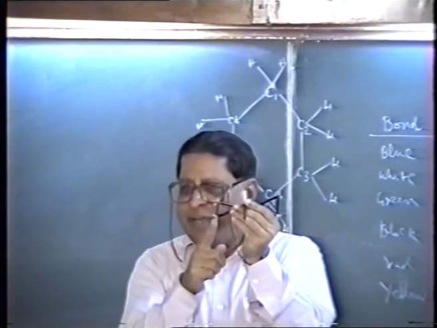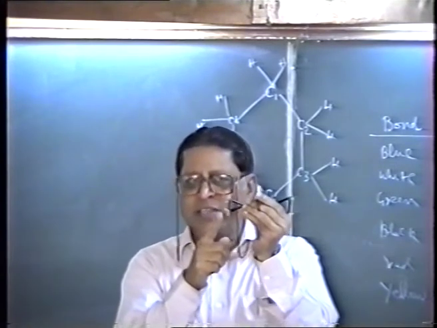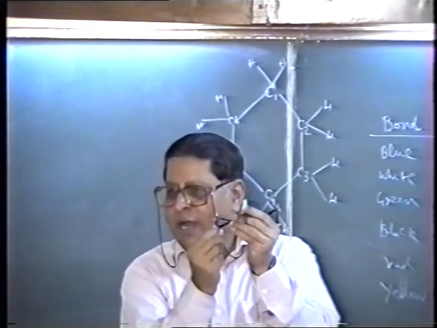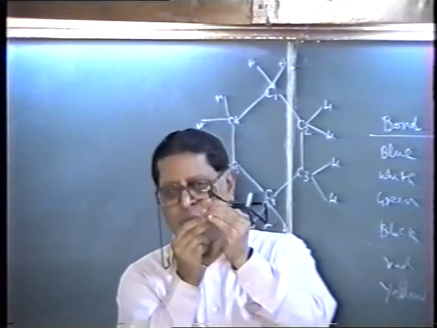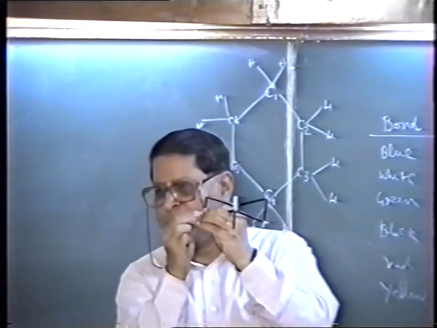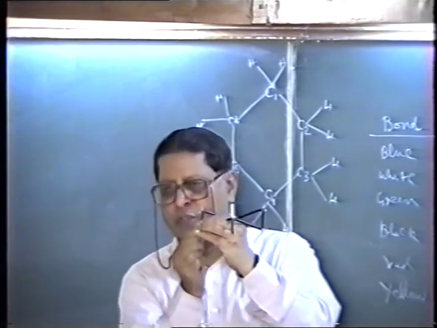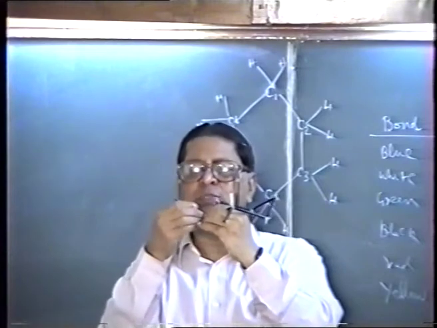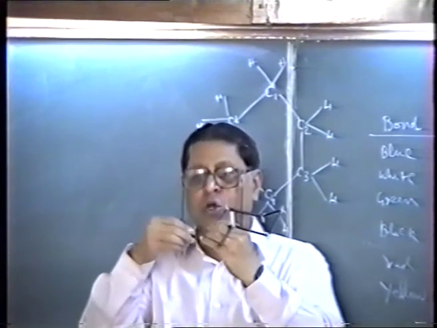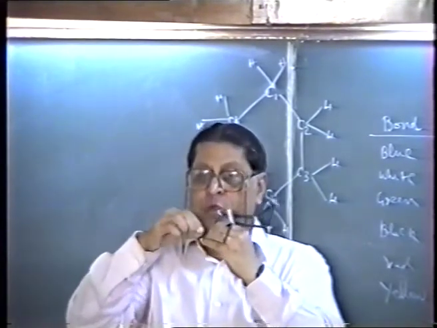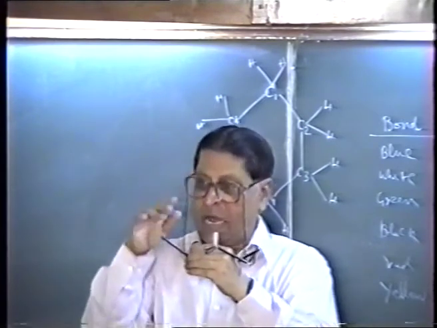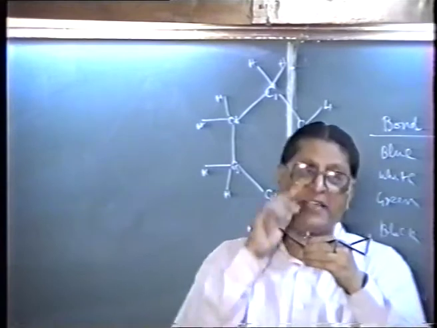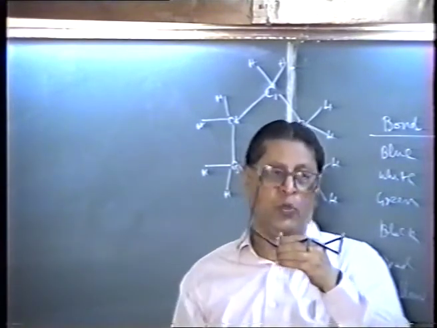Now when I come here, I find that this axial is pointing not up, but it is pointing down. This is perpendicular to the plane, but it is going in the opposite direction. Therefore, this becomes the equatorial. So it is not the perpendicular bond going up or down, but it is perpendicular, that's all. That becomes axial. So once the axial is fixed, the other one becomes the equatorial.